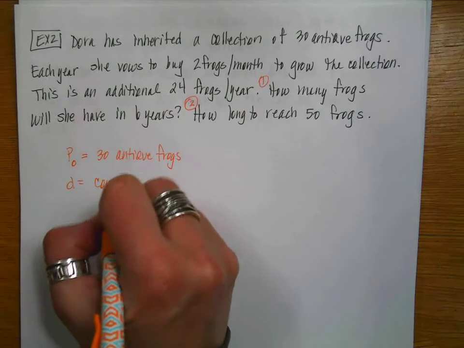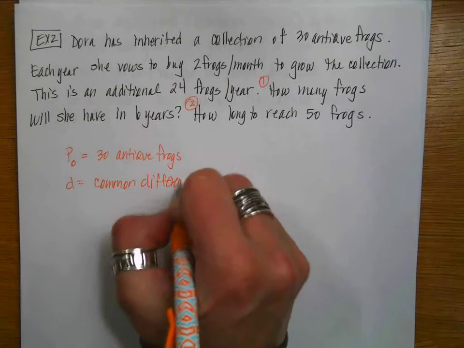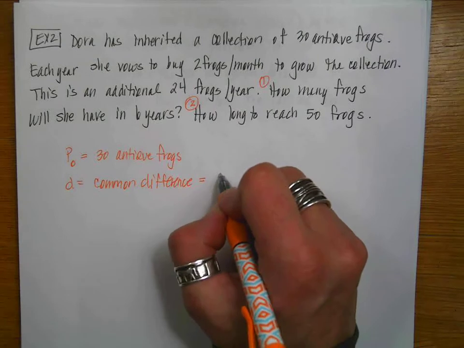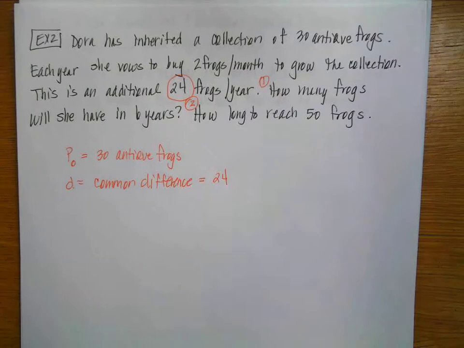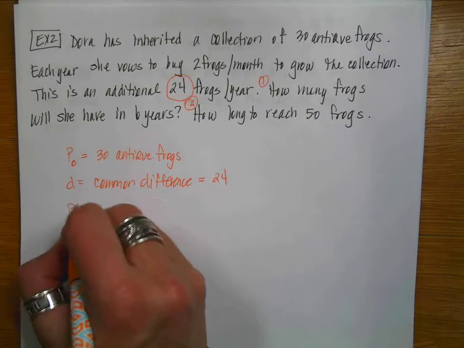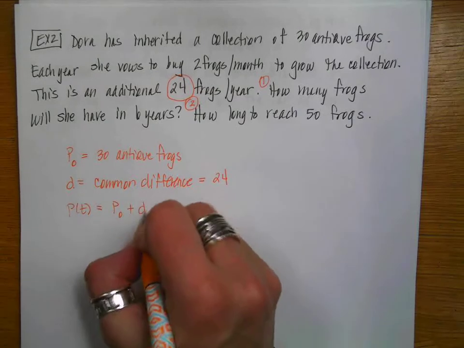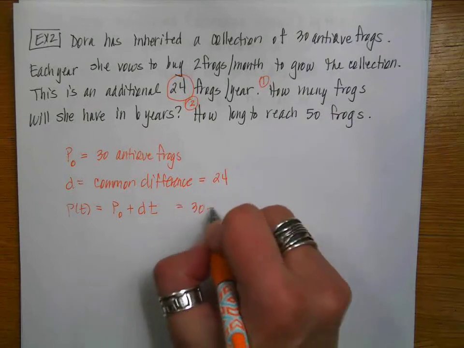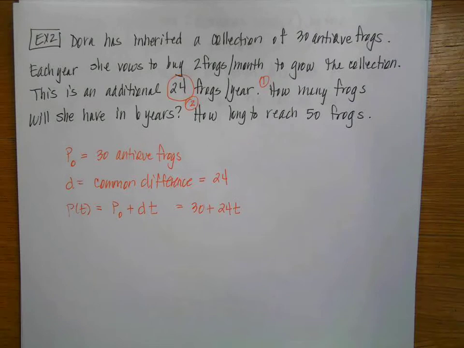My common difference, D, is going to equal 24, because it says right here that it's growing by 24 frogs a year. So my equation, P of t, is going to equal P sub 0 plus D times time. And so this is going to equal 30 plus 24 times time.